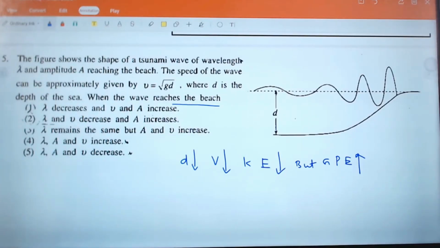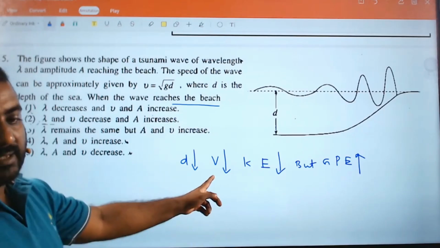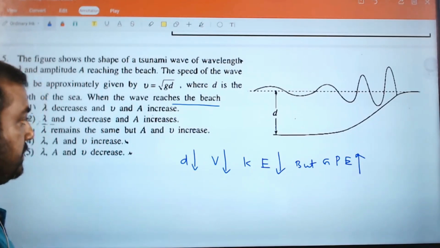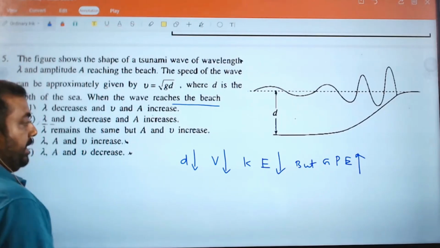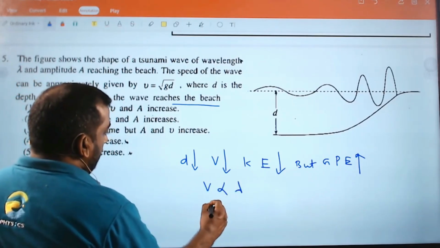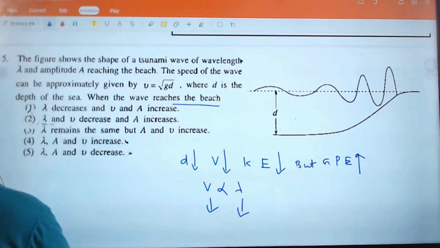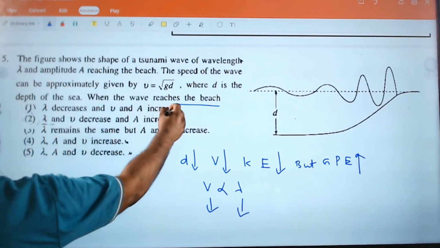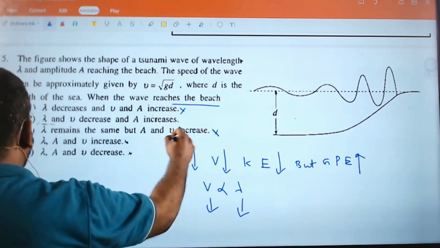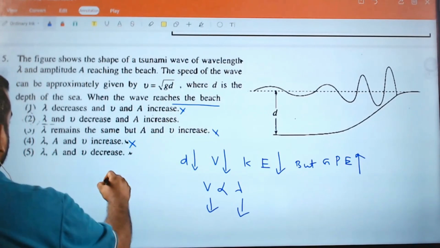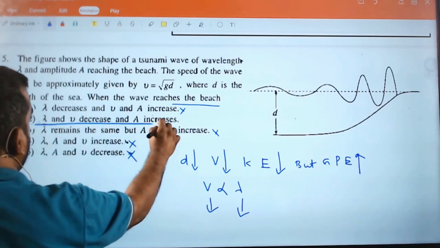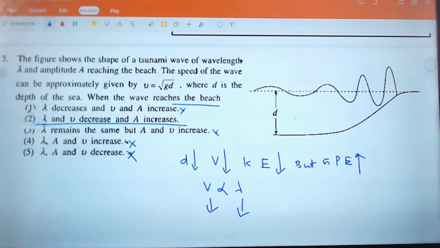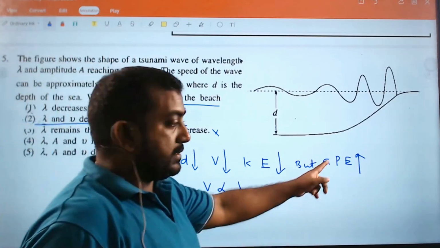Velocity is proportional to wavelength. So V reduces means lambda reduces, but height will increase. The first one is wrong, lambda can't be the same. They can't increase. They can't all decrease. Most suitable answer is this: lambda and V reduce, A will increase.